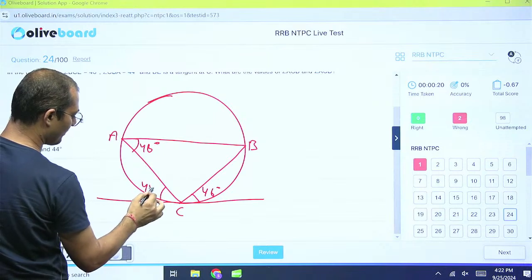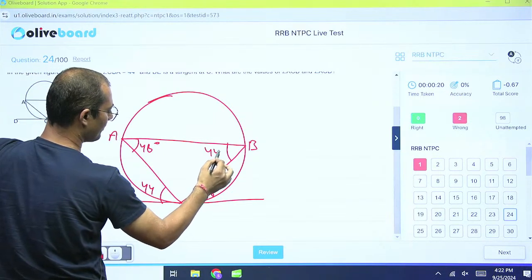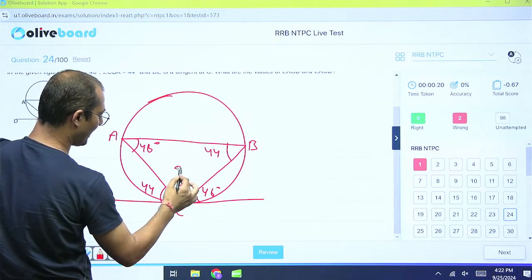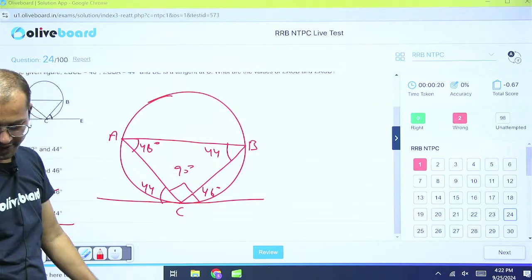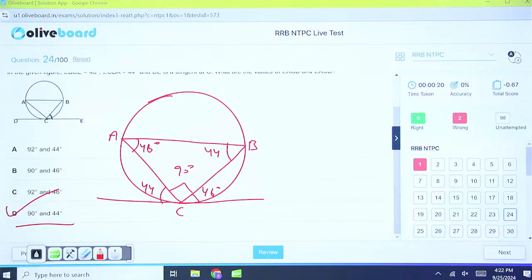And this is 44, so this would also be 44, right? So this angle would be 90 degrees. Is this clear? So the answer would be 90 degrees and 44 degrees. Okay, so moving to the next question.